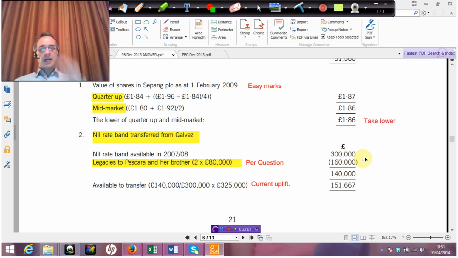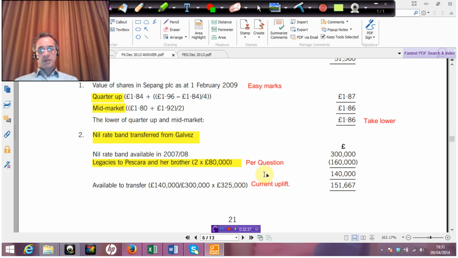So if we were advising him at the time, and he asked us about his IHT situation, really on his death estate, all that he's using up is 2 lots of 80. So in effect, he's got 140 left over. So he hasn't used it. He didn't have any other assets, so he didn't use the 140 at all. So really what the legislation prescribes in relation to the transfer to a living spouse is that if you haven't used it, you can certainly transfer it and uplift it at current levels.